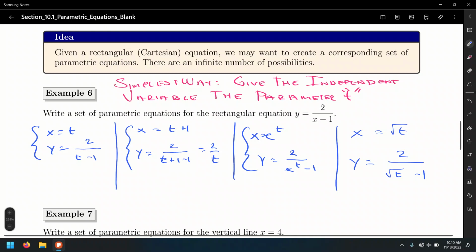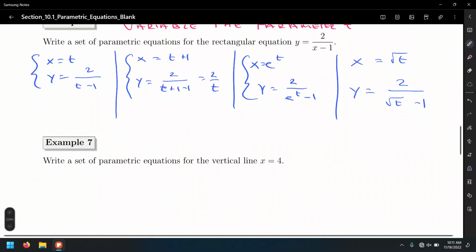For example, if you want to work with times that are only 0 or greater, maybe you want to design your parametric equations with a function that meets those domain conditions. If you want to make sure your domain doesn't include t equal to 0, use e to the t, because e to the t is never 0. We're going to look at more details about this in the last example. In the meantime, all we're doing here is coming up with different ways to parameterize the same rectangular equation.